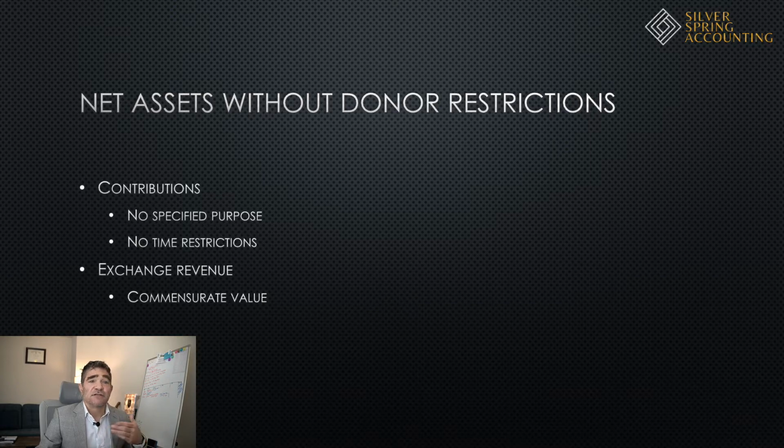Now, exchange transactions also generally are going to fall into net assets without donor restrictions. This is because an exchange transaction is going to be commensurate value. We're not having any sort of donation with these exchange transactions. We're providing a service. There might be times, and we'll discuss this in another video and another article, when you may bifurcate something, say like membership dues, into both an exchange transaction and a contribution.